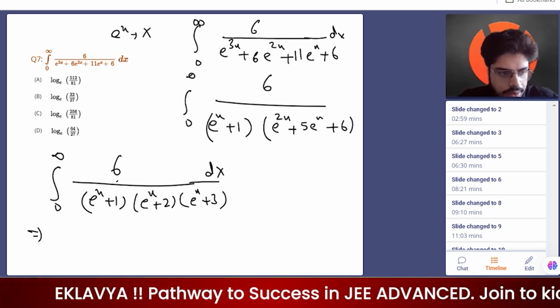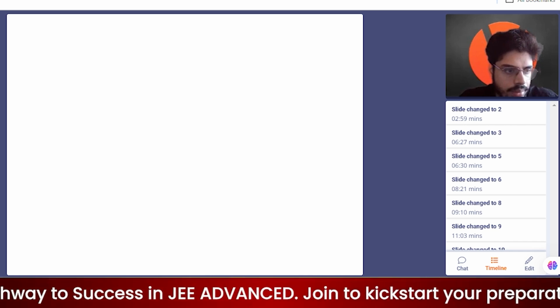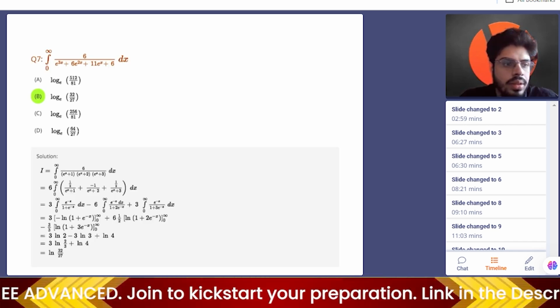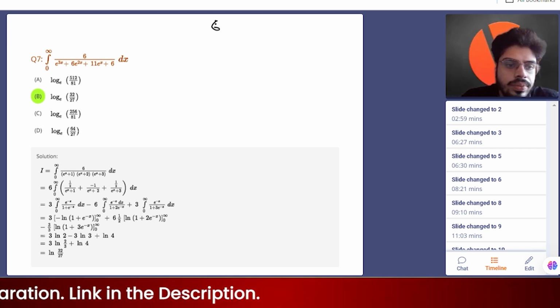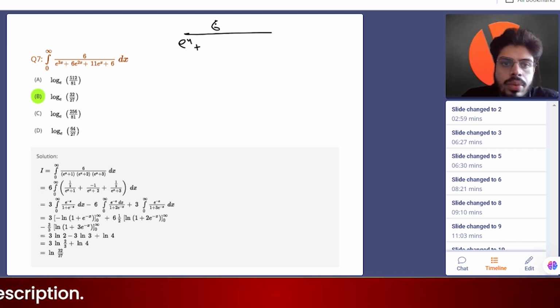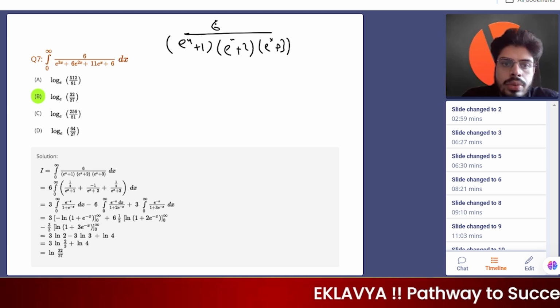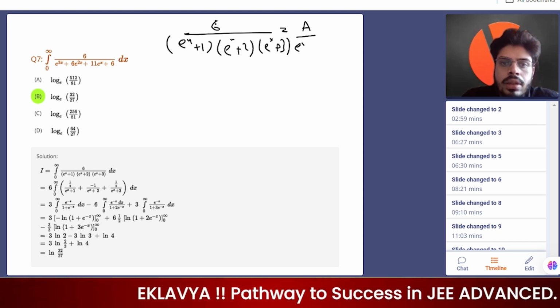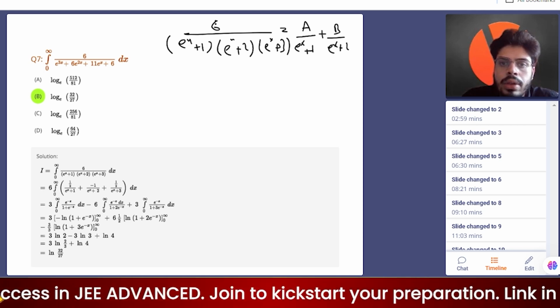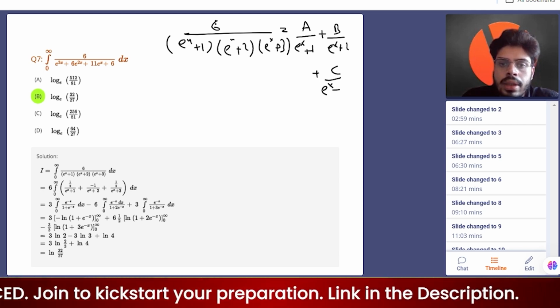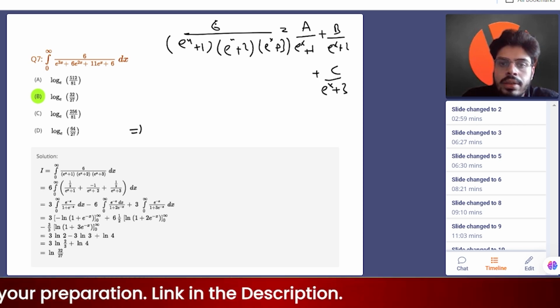Let me do partial fraction once again. Sure, here the solution is given. We can do partial fraction also. So we have 6 upon e power x plus 1, e power x plus 2, and e power x plus 3. So you can take a upon e power x plus 1, b upon e power x plus 2, and c upon e power x plus 3.